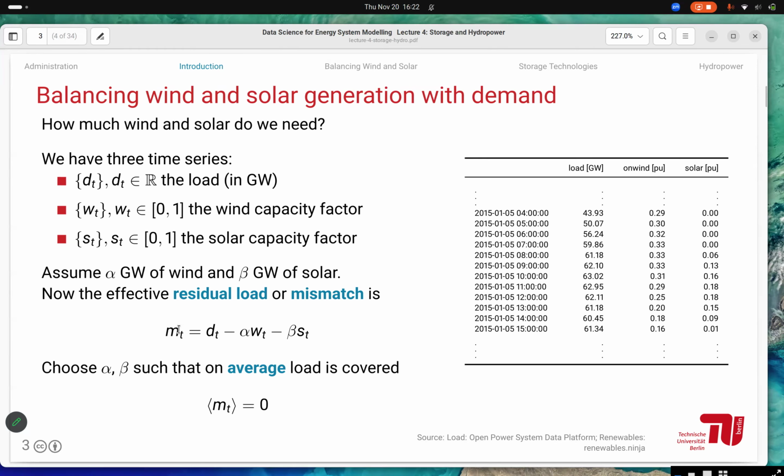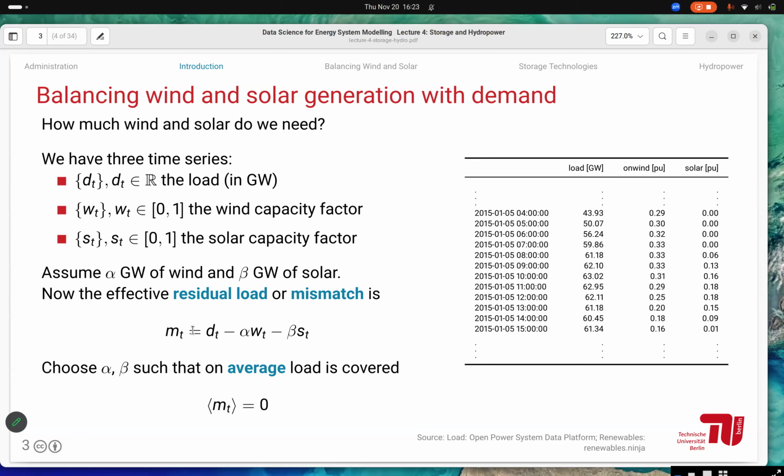And this will tell us about the mismatch at any point in time T, while in total we produce as much electricity as is consumed. So we'll have some periods where the demand will be larger than the wind and solar generation, and some periods where the demand will be smaller than the generation, and in this case, our mismatch time series would be negative.